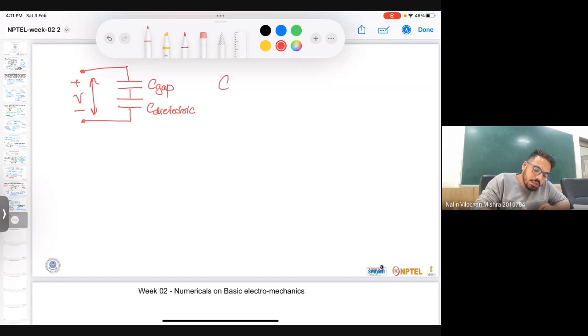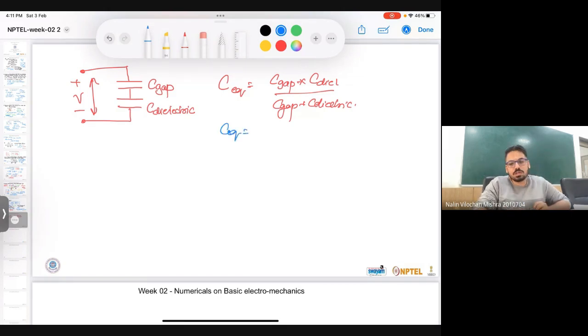We know that the equivalent capacitance in series connection is given as C gap multiplied with C dielectric upon C gap plus C dielectric. So please calculate C equivalent and tell me what is the final expression for C equivalent.